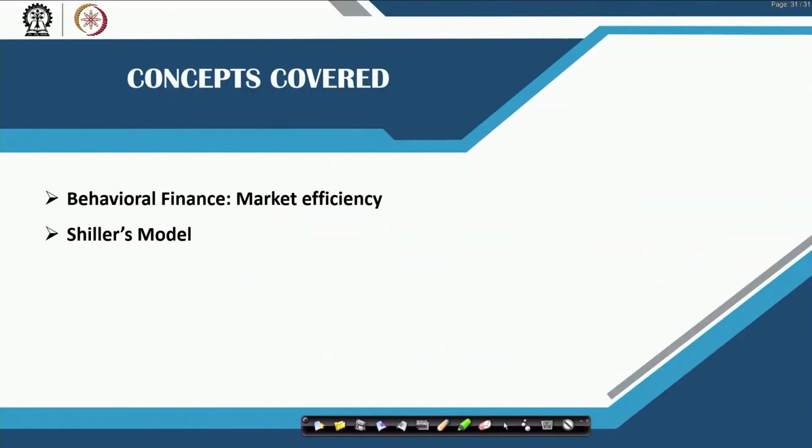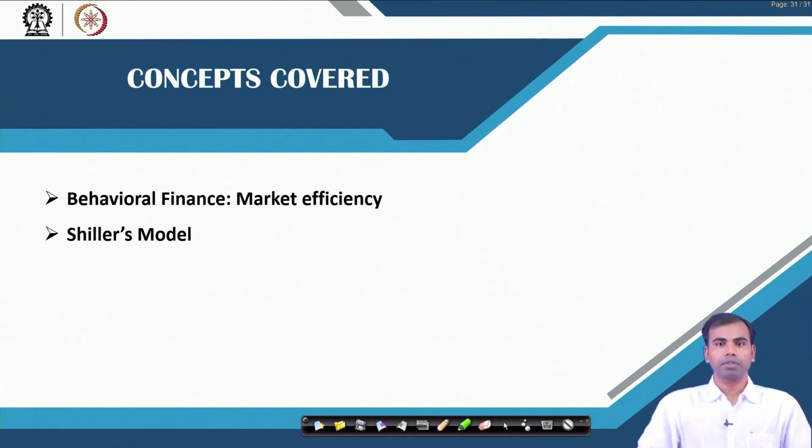The topics that we are going to discuss today are market inefficiency, or rather the issues with the market efficiency hypothesis in the context of behavioral finance, and we will also discuss some basic mathematical framework of Shiller's model.